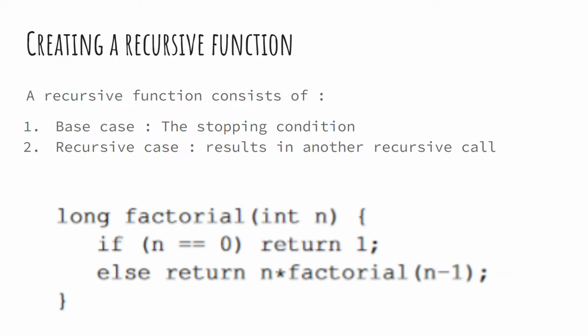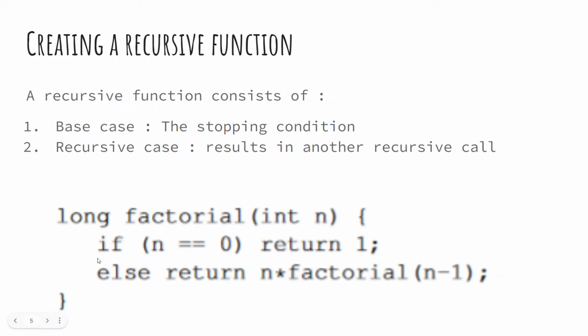So we have been given an example over here. We are trying to make a recursive function to find the factorial of any integer n. The way this function works is that if n is equal to 0, then we just return 1. But if it's greater than 0, then we'll return the product of n and factorial of n minus 1.